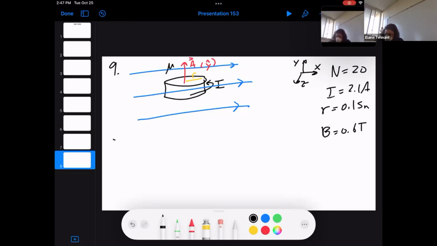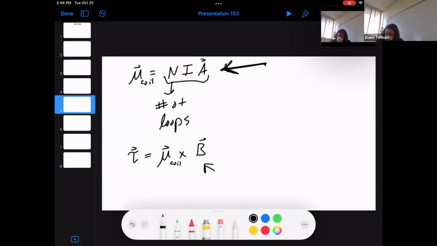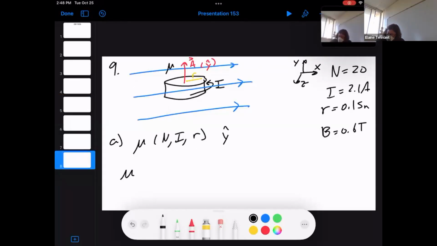For part A, they ask us for the magnetic dipole moment in terms of N, I, and R. We know it's in the y hat direction, but let's also use this equation to figure that out. I have the number of loops, I, and the area.